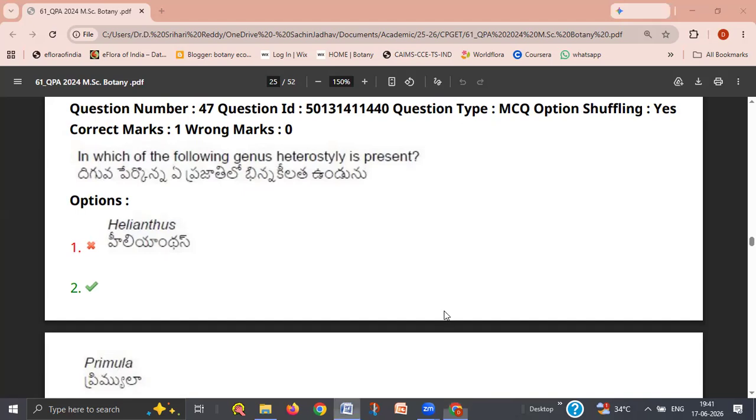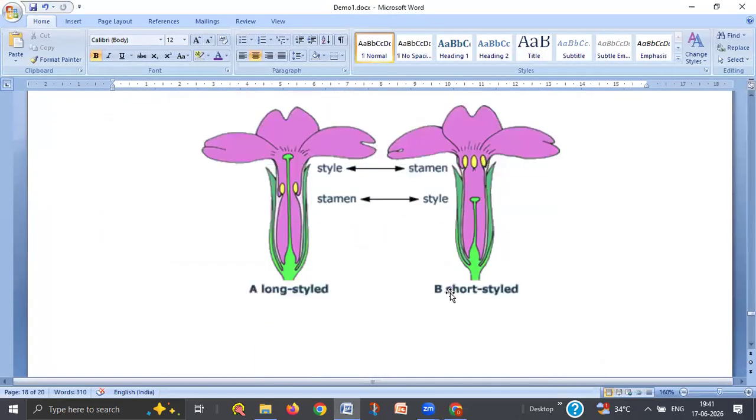Here, on top of the ovary, the style is longer, a long styled condition, longer with reference to the stamens. Here the stamens are at a lower level, and the style is very lengthy. And in the same species, we see that the style is very short.